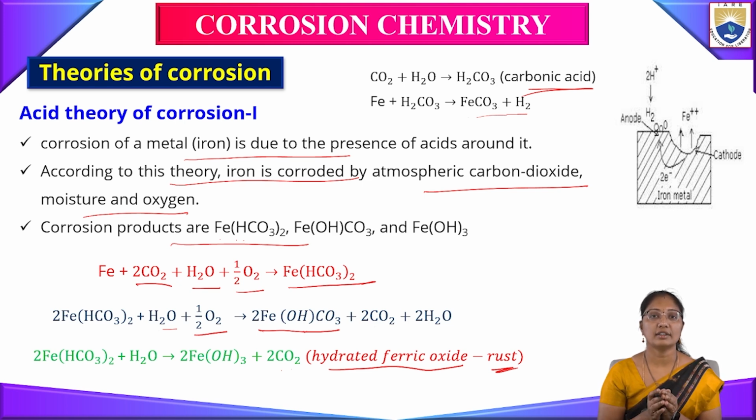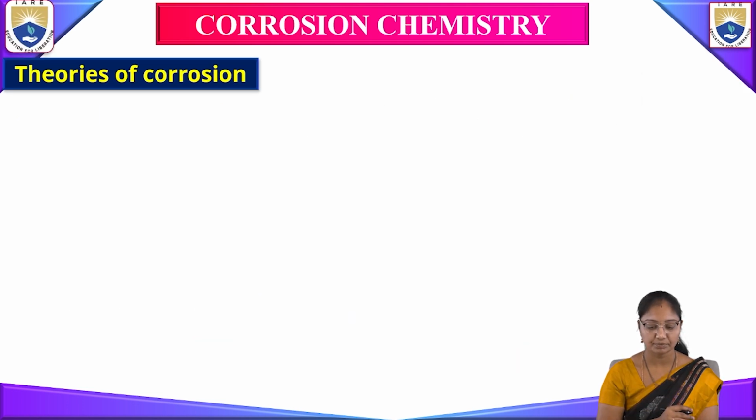The iron is attacked by the hydrogen, carbon dioxide and the moisture, meaning water. This results in the formation of carbonic acid, which further attacks the iron, resulting in the final product, rust, which is the corrosion.